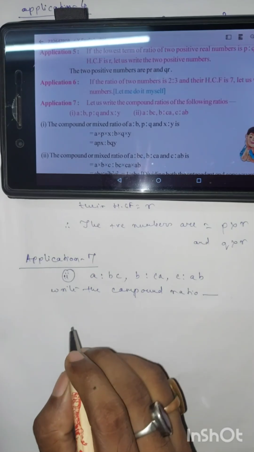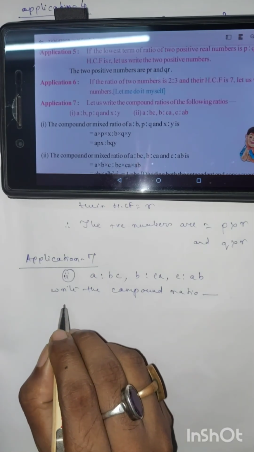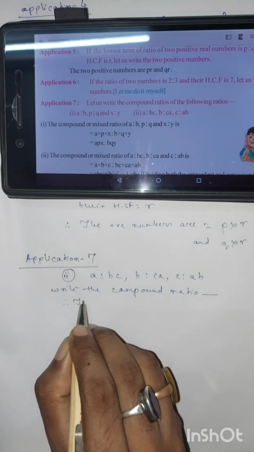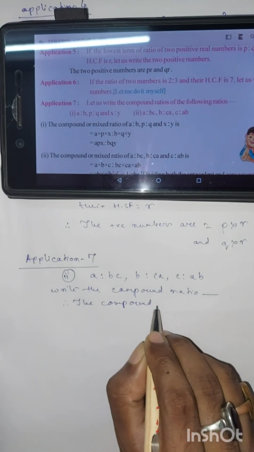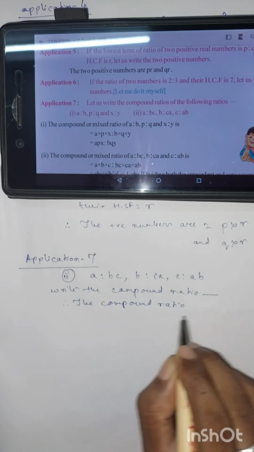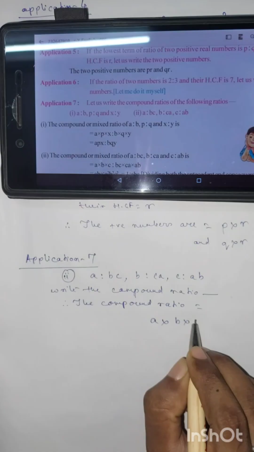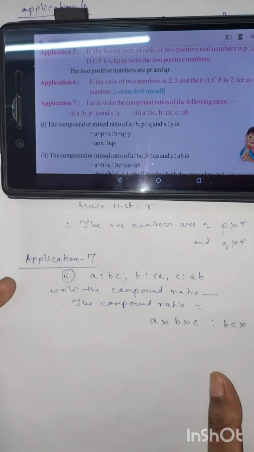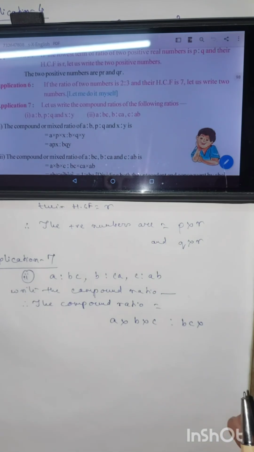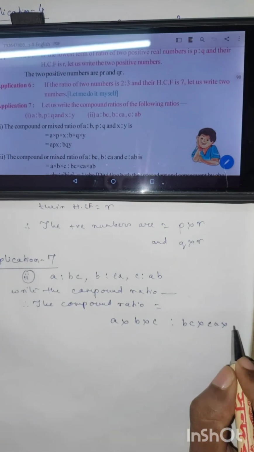That is why we can say therefore the compound ratio is equal to A into B into C is to BC into CA into AB.